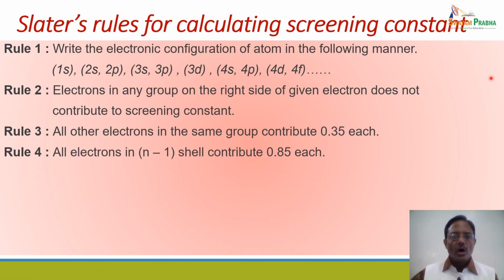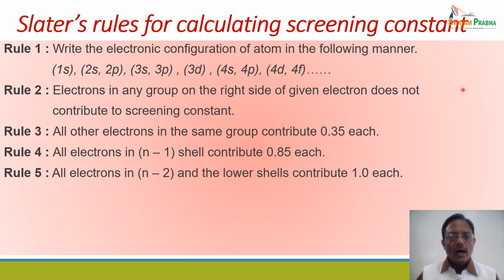Fourthly, all the electrons in the n-1 shell will contribute 0.85 each. Take an example. If I am talking about one electron which is present in a 3s orbital or 3p orbital, then all the other electrons present in the same group will contribute 0.35 each, and those electrons which are present in the second shell, which is the n-1 shell, will contribute 0.85 each.